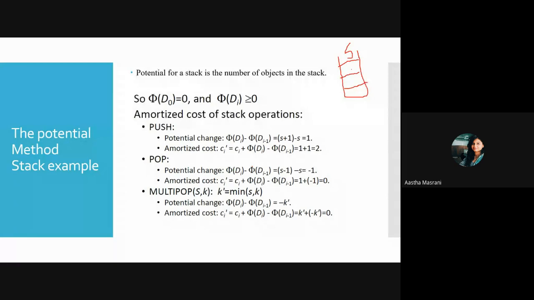So for the multi-pop operation, it is S comma K. So it is the stack comma the number of values that you need to delete.